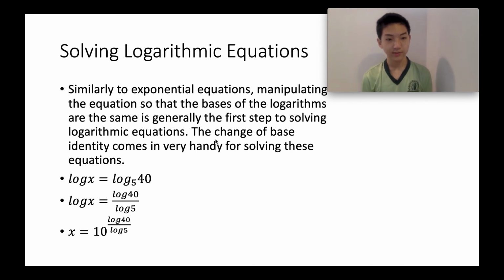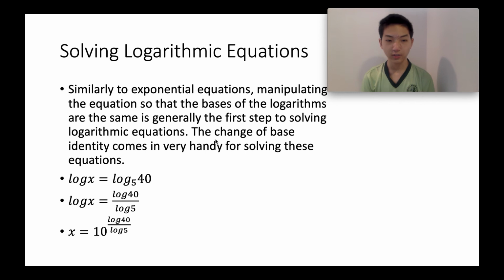So I decided to change the base on the right side because usually it's easier if you try to keep a base of 10 or a base of e depending on what kind of problem you have. That's generally easiest. So I changed the base to 10.